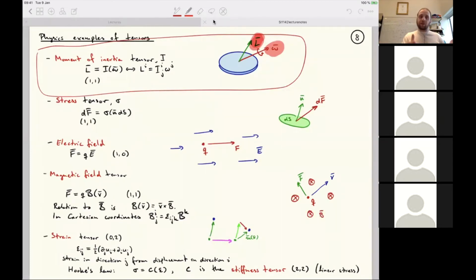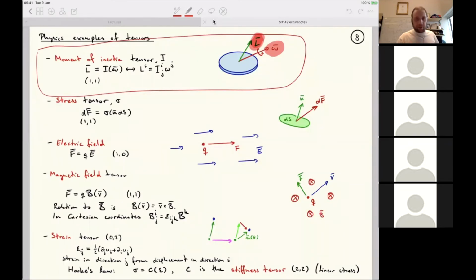A scalar is a tensor of type 0, 0, because it's just a real number. It maps 0 vectors to vectors. So the electric field, which maps charge, a 0, 0 tensor, to the force, that's a 1, 0 tensor.